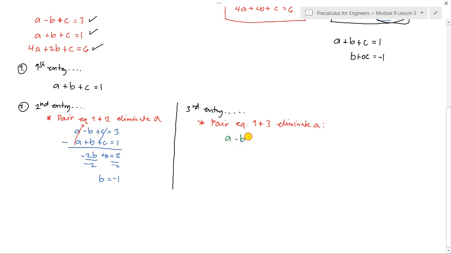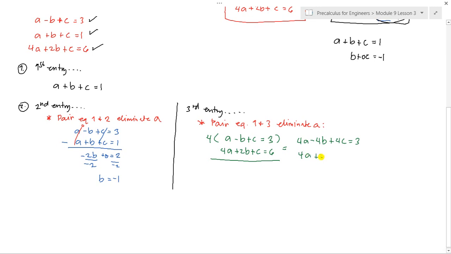So we have a minus b plus c is equal to 3. Then we have 4a plus 2b plus c is equal to 6. Here I'm going to multiply the first equation by 4, so it becomes 4a minus 4b plus 4c is equal to 3.